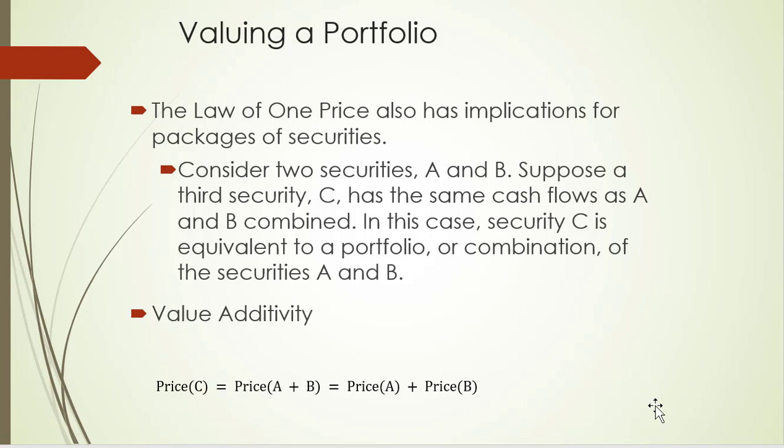So the law of one price, again, allows us to incorporate the separation theorem. It also allows us to incorporate something called value additivity. So the price of an asset is the sum of the prices of its components. The price of a firm is equal to the price of the assets of the firm in sum.